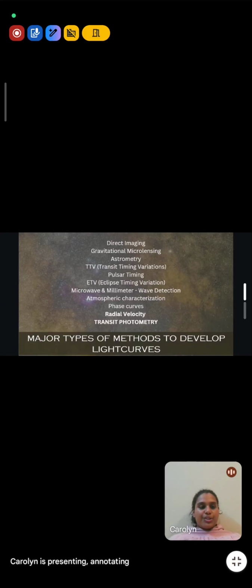And any variations in this kind of pulsar timing can be suitable for discovering other planets that are surrounding these pulsars as well. That is how the vicinity is giving you a picture about it.